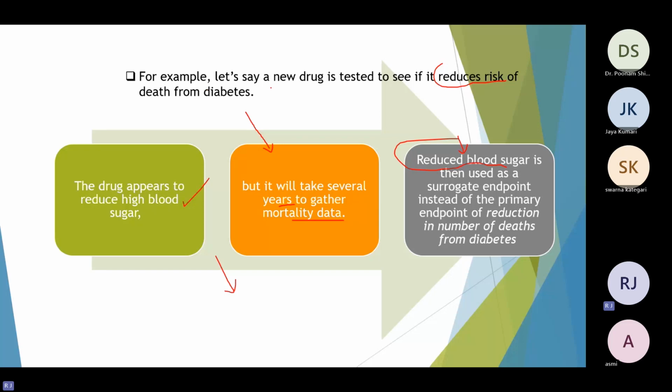So instead of waiting for subjects to die someday, we can use some other endpoint, some other parameter. Those parameters which are used instead of the primary endpoint are called surrogate endpoints. In this particular case, instead of waiting for subjects to die, we are checking the blood sugar level to know whether our anti-diabetic drug is going to reduce the risk of death from diabetes. That is a surrogate endpoint.